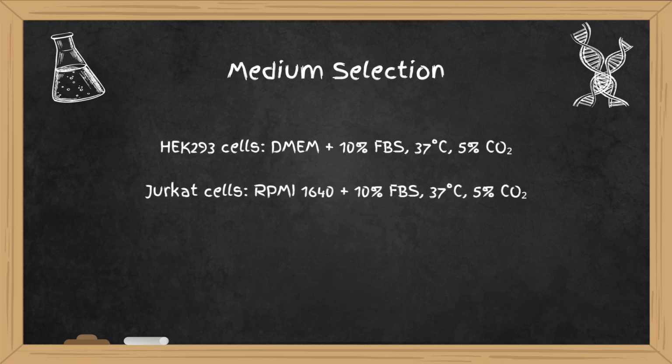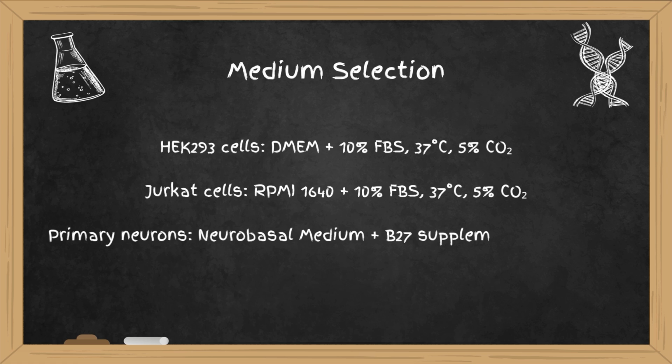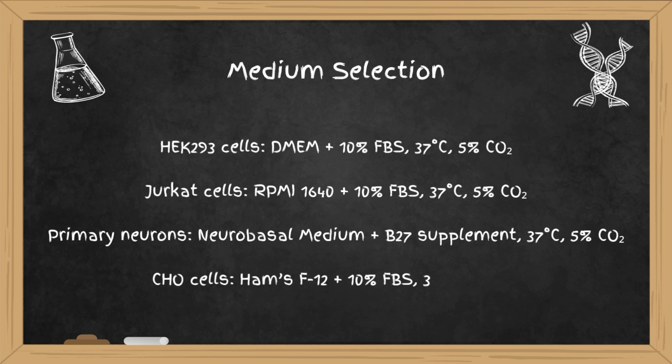Primary neurons, on the other hand, thrive in neurobasal medium supplemented with B27, providing essential nutrients for neuronal survival. Chinese hamster ovary cells, widely used in protein production, are cultured in Ham's F12 with 10% fetal bovine serum, ensuring optimal growth conditions for these adherent cells.